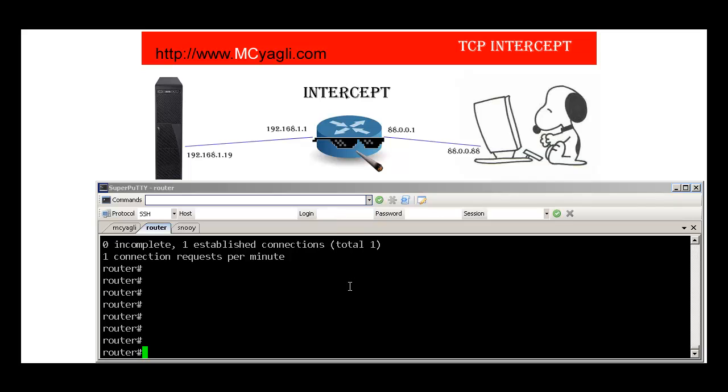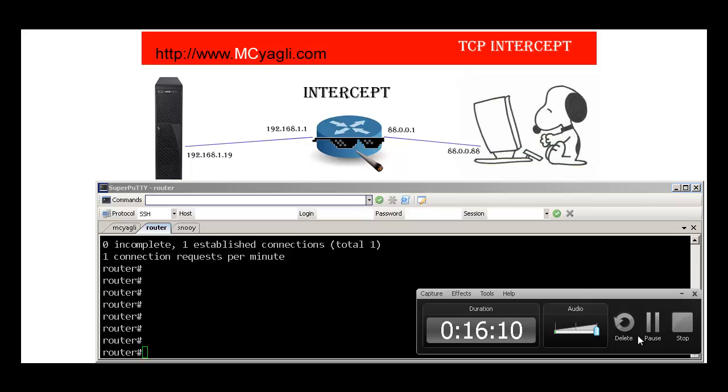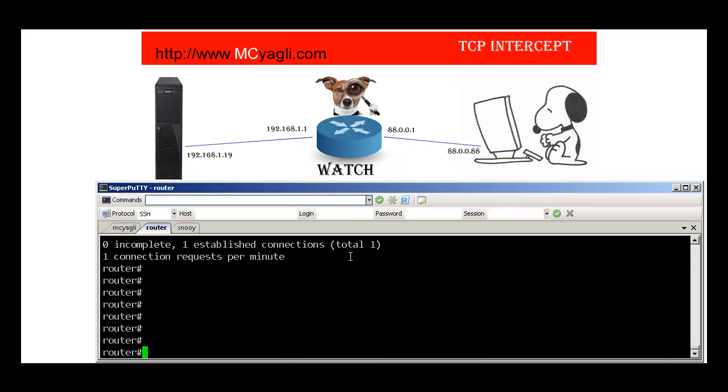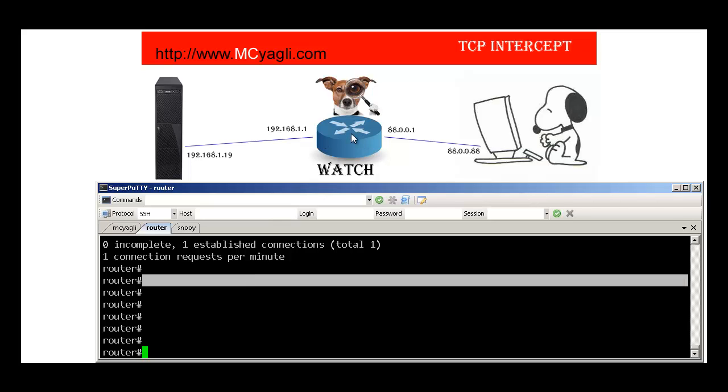Before that, I would like to pause the video for a second, because I'm going to be using another topology, I guess. Yes, I'm back. Here the router does not sit in the path of TCP connections.